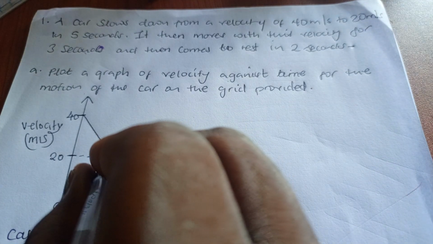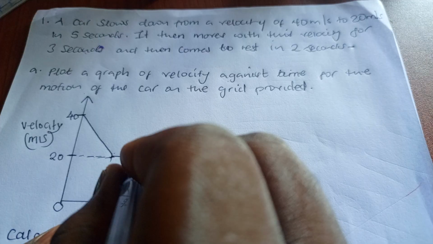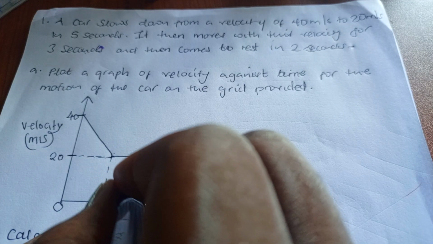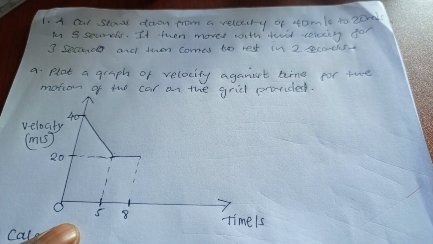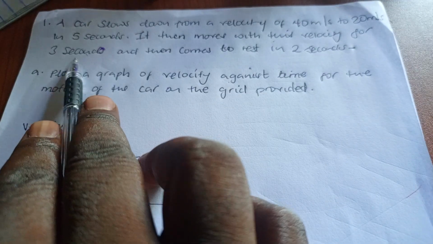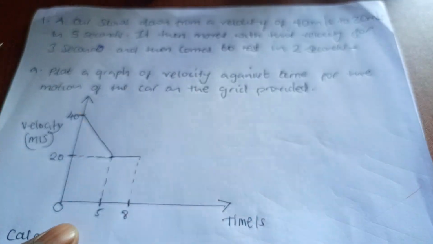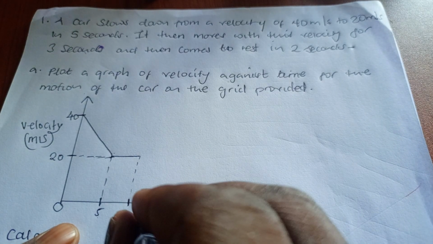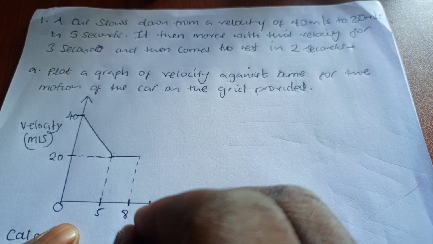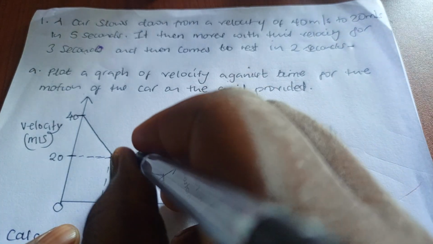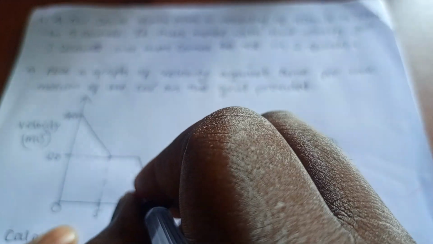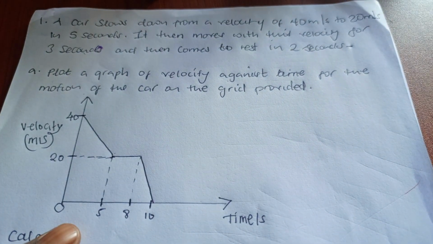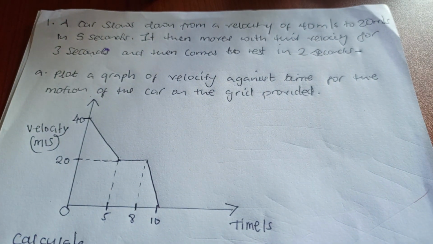Then it comes to rest in a further 2 seconds, so 8 plus 2 is 10. So it will come to rest like this. This will be my speed-time graph.